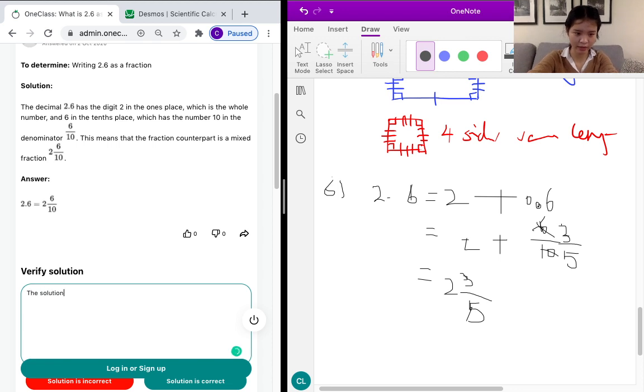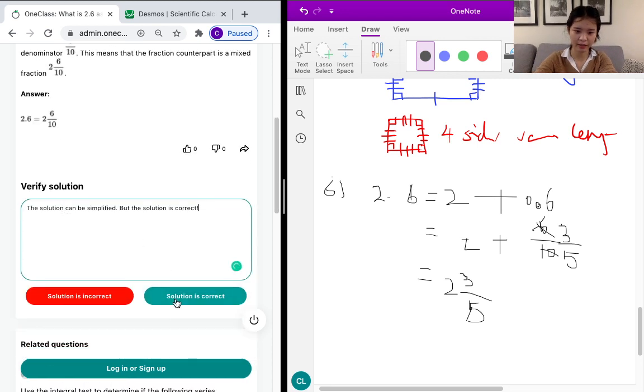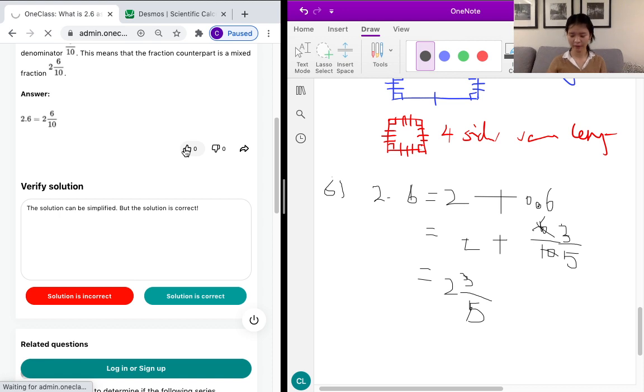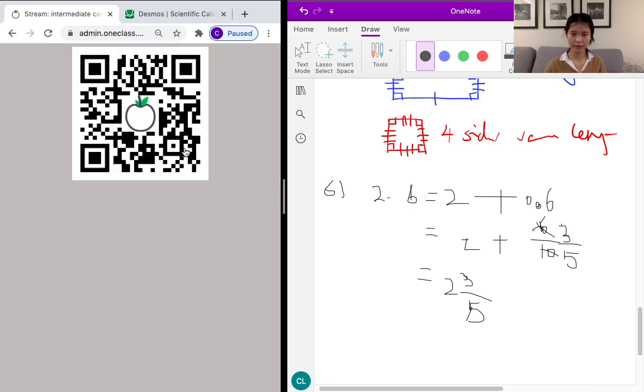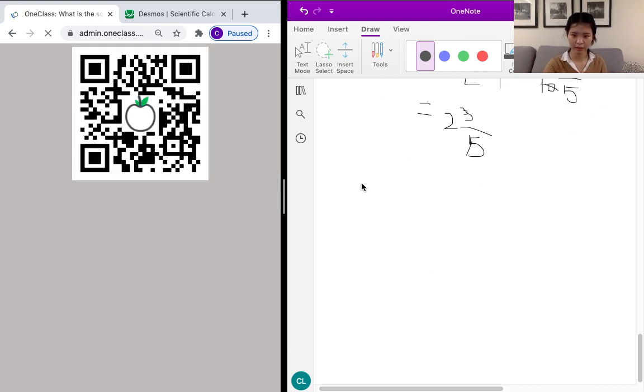So let's just say the solution can be simplified, but the solution is correct. Perfect. Now let's move on to our next problem.